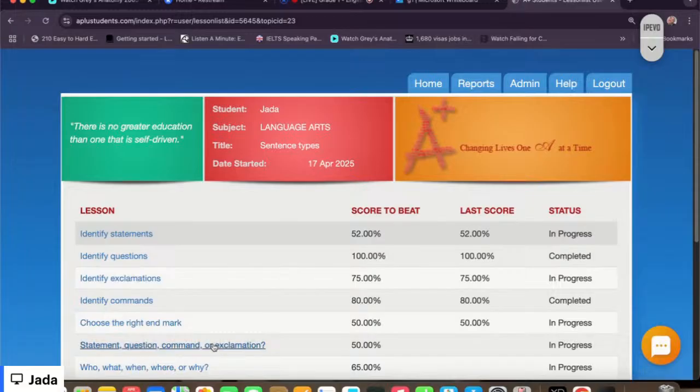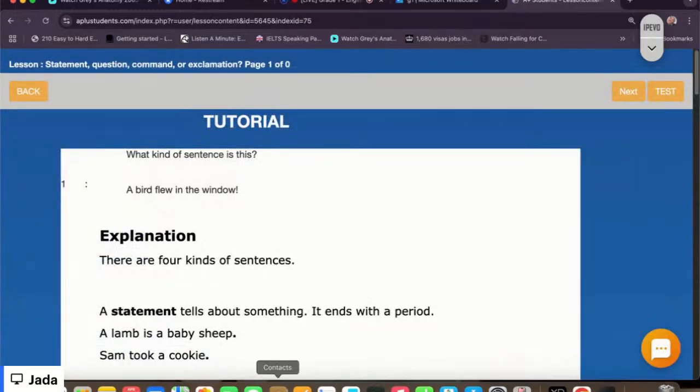The next lesson is statement, question, command, or exclamation. So you have to identify the kind of sentence it is, right?